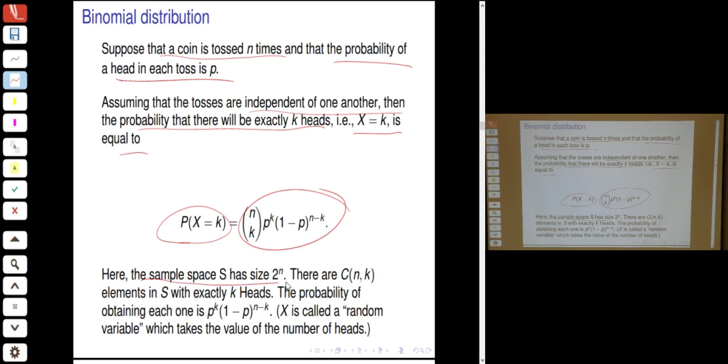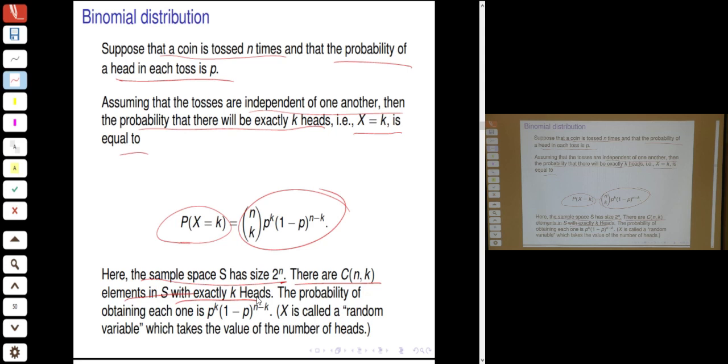Here the sample space S has size 2 to the n. There are n choose k elements in S with exactly k heads. So, let us try to analyze this. If you look at the event that there are k heads, you can think of the n tosses in a row as a long string of H's and T's.